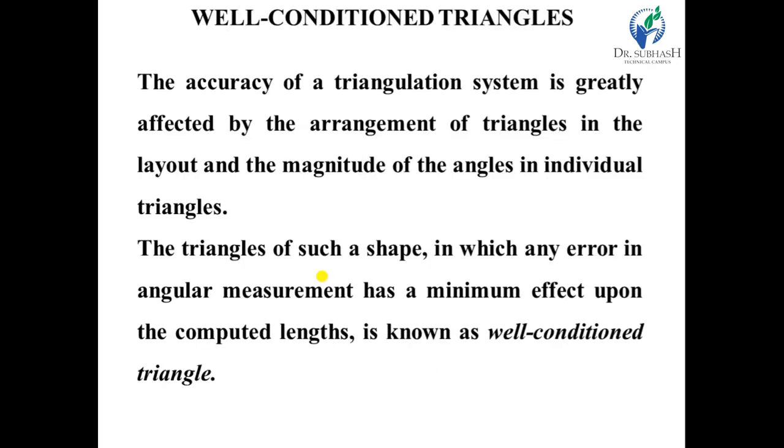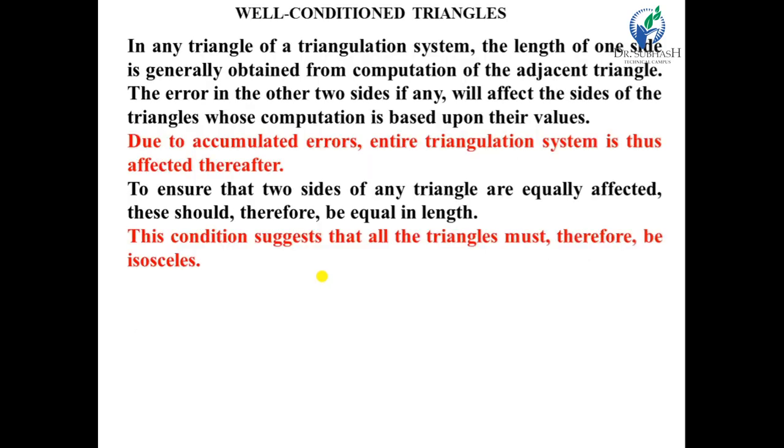Now, the well-conditioned triangle. What is a well-conditioned triangle? The accuracy of a triangulation system is greatly affected by the arrangement of the triangles in the layout and the magnitude of angles in individual triangles. A triangle of such a shape that the error in angular measurement has minimum effect upon the computed length is known as a well-conditioned triangle. In any triangle of the triangulation system, the length of one side is generally obtained from the computation of an adjacent triangle.